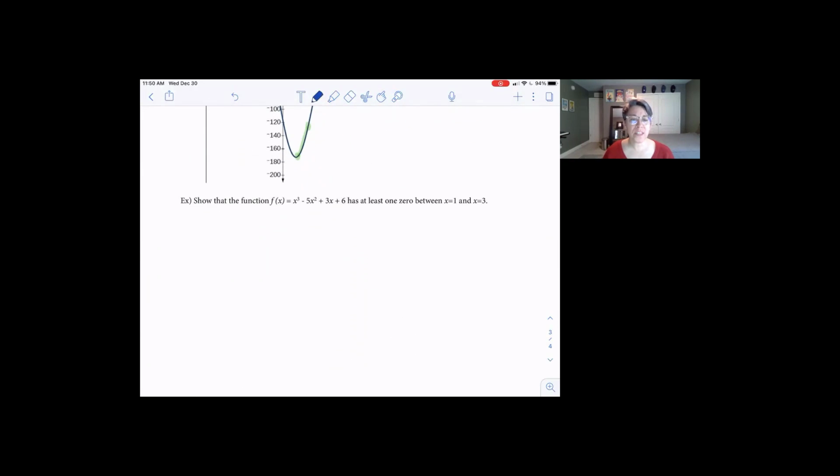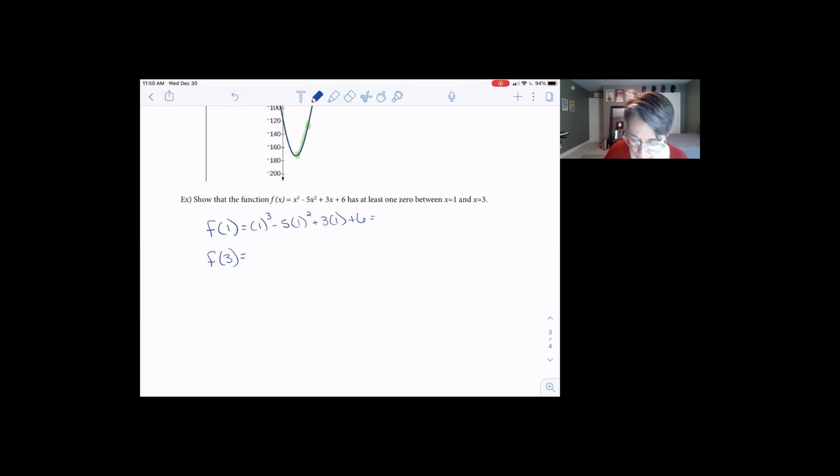We want to show that this function has at least 1 0 between x equals 1 and x equals 3. So we need to determine what our function values are at 1 and at 3. So if we plug in 1, there's an x cubed, so we get 1 cubed minus 5 times 1 squared plus 3 times 1 plus 6.